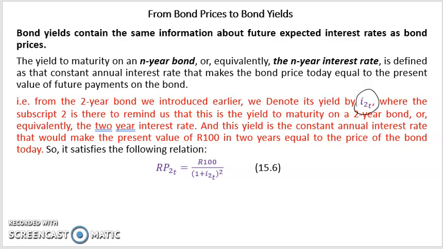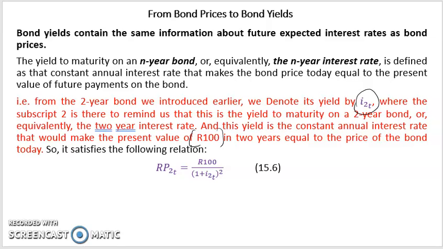Following the definition of the yield to maturity, this yield is the constant annual interest rate that would make the present value of the 100 Rand, which is the final payment in 2 years, equal to the price of the bond today.